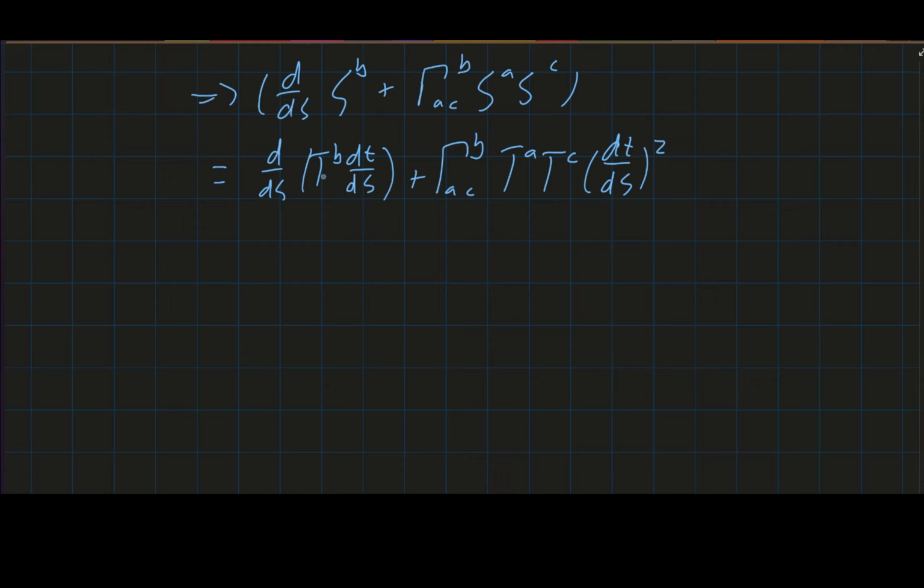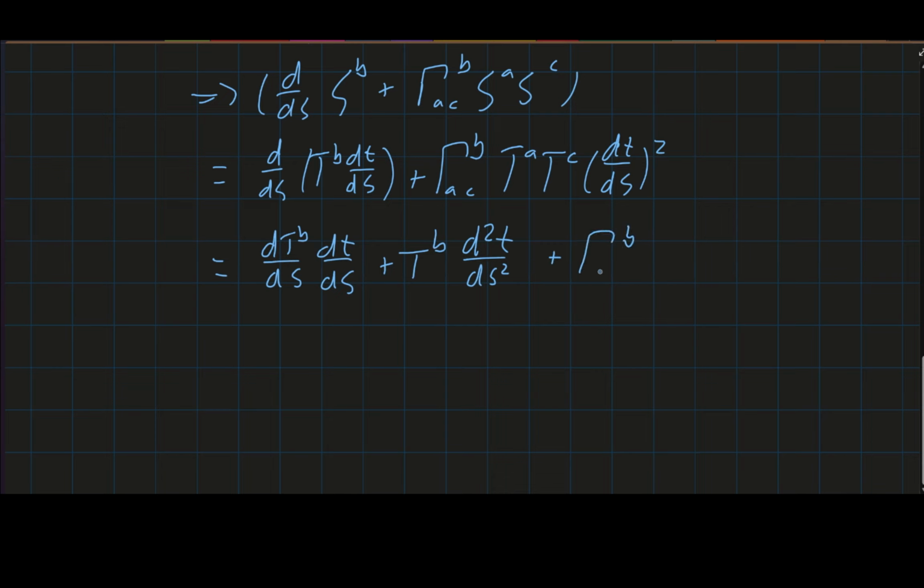Okay, so we can do a little chain rule on this first term now. So we're going to get one term that's like dT^B by ds, dt by ds. We're going to get another term that's T^B d squared t by ds squared, so the s derivative is applied twice to t. And then the gamma term just remains as is for now.